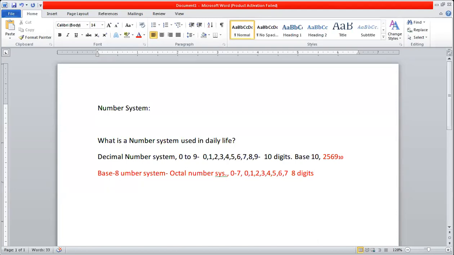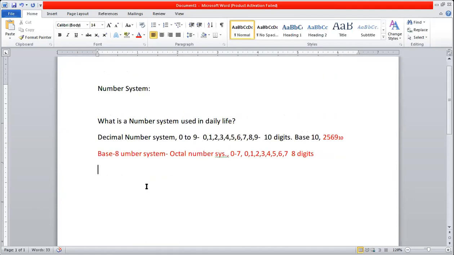Are you all following this? Yes, sir. Okay. What about base 5? I don't know what it is called, but it is also a number system.